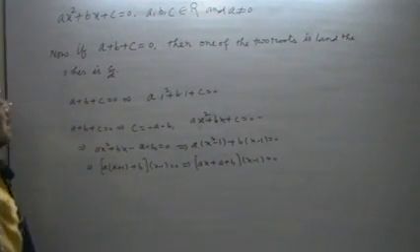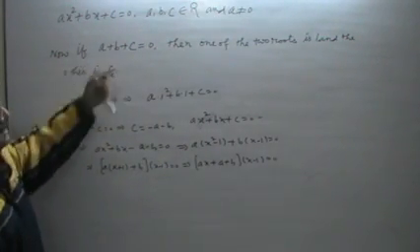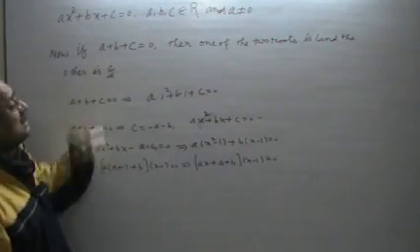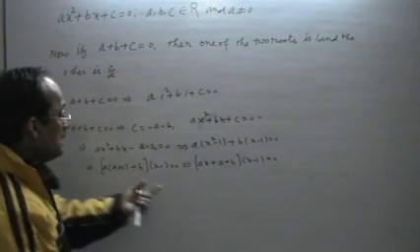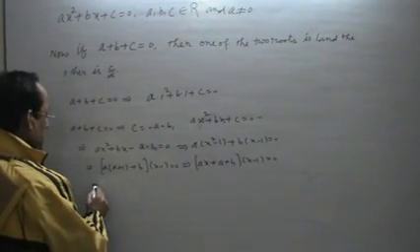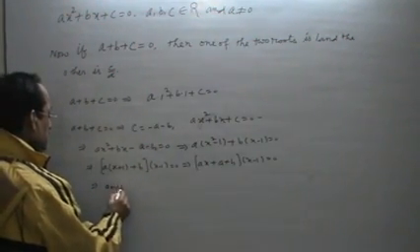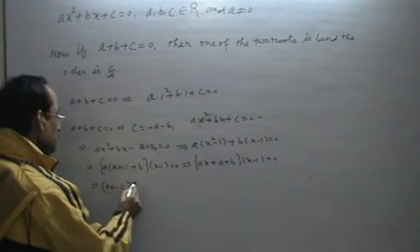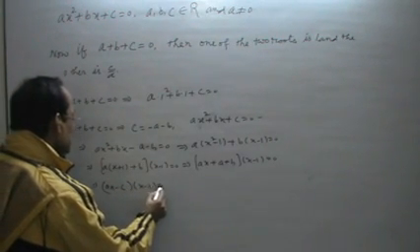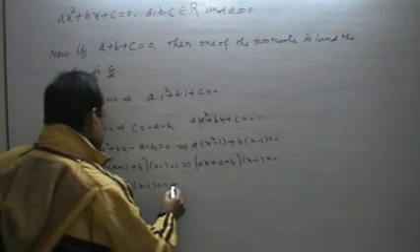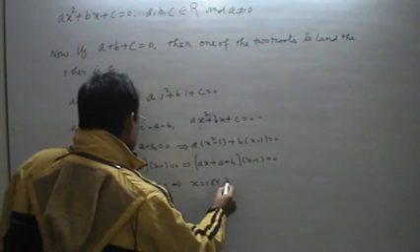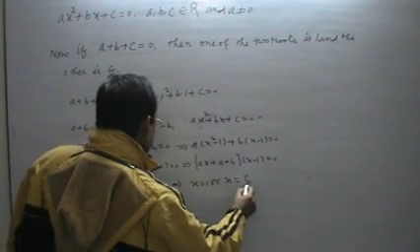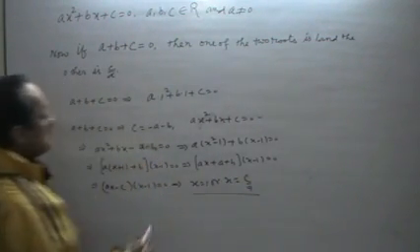Okay, but a + b + c is 0. Therefore, what is a + b? a + b is minus c. So this will become (ax − c) into (x − 1) equal to 0. This gives us x equal to 1 or x equal to c upon a. Hence we see this.